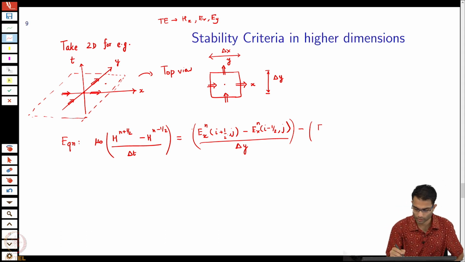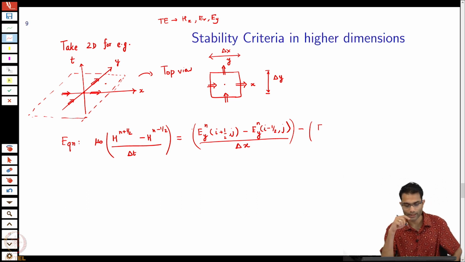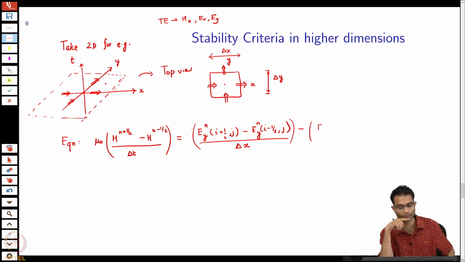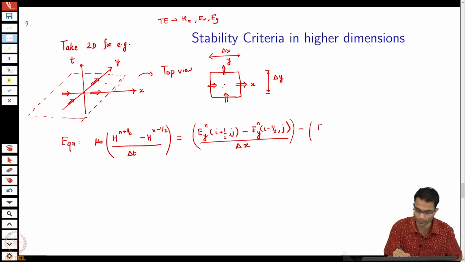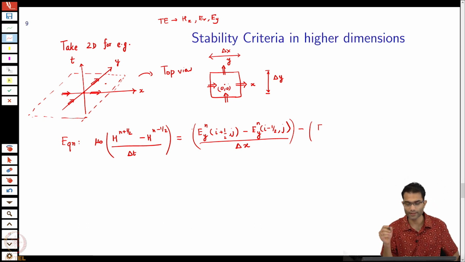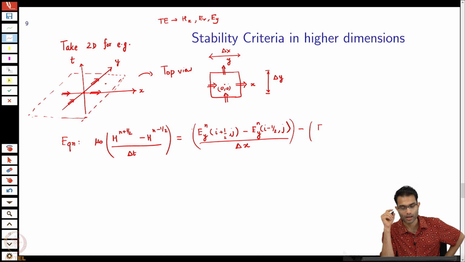Yeah. So we are changing only x coordinates over here. So this should be delta x over here, and then this should be Ey. And Ey is actually not being evaluated at, so if this is the origin over here 0 0, Ey is being evaluated not at half integer in x but at integer in x, right.